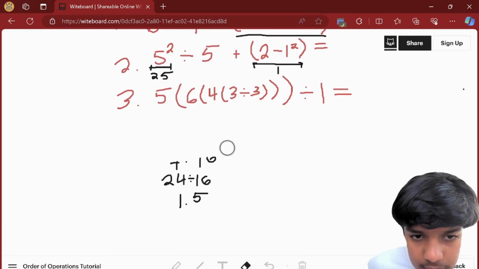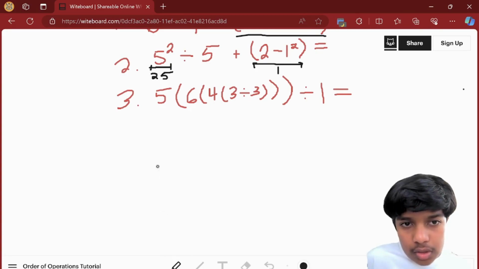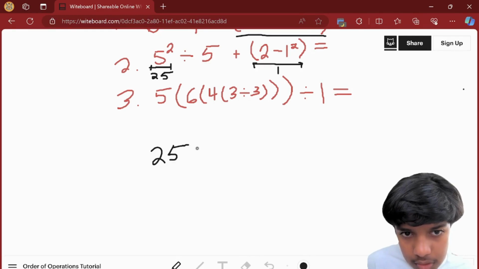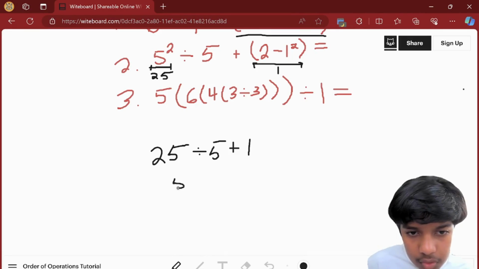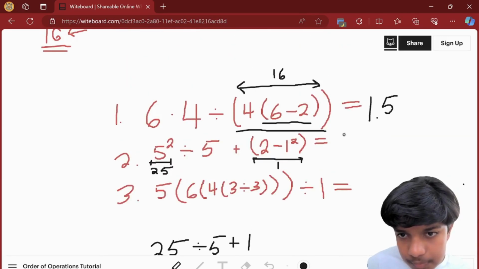So let me erase this. So this is basically 25 divided by 5 plus 1, which is what we have here so far. 25 divided by 5 is 5, and then that plus 1 gives us the final answer of 6.